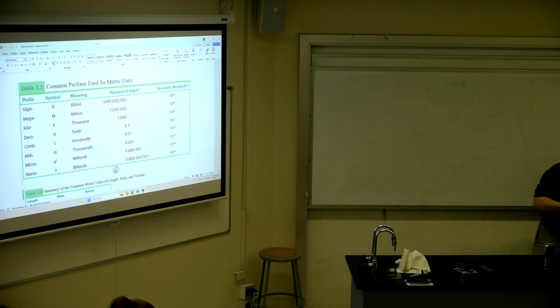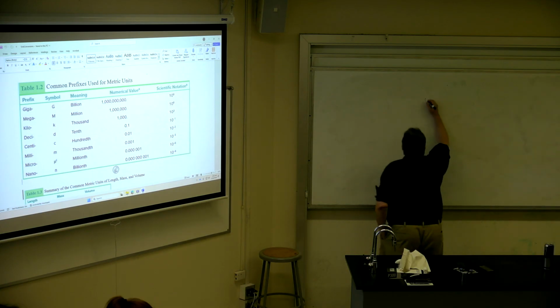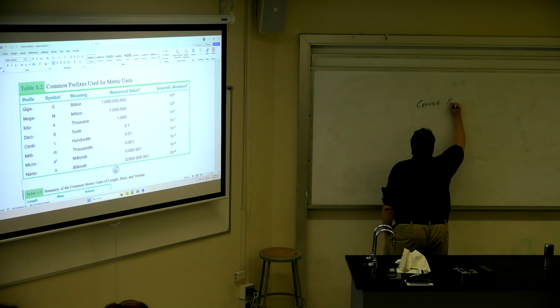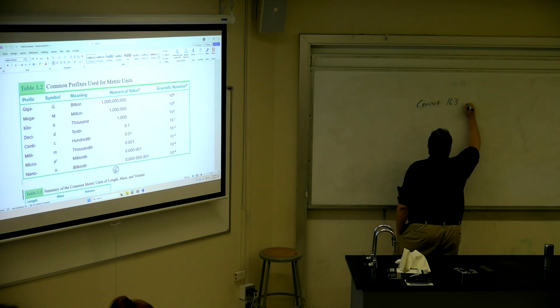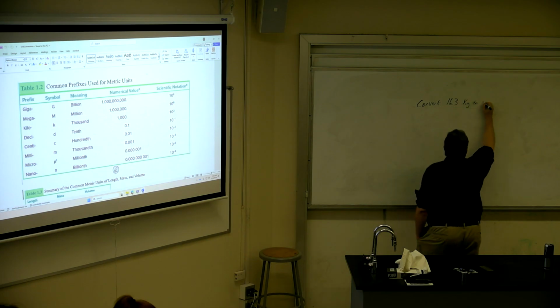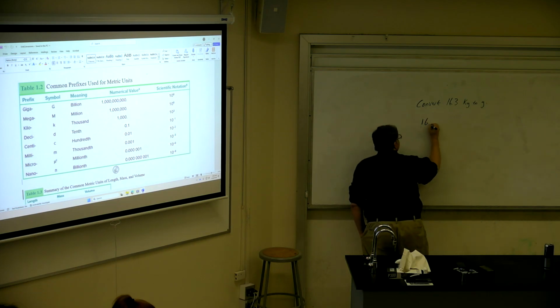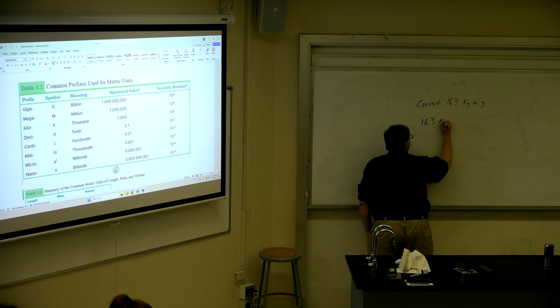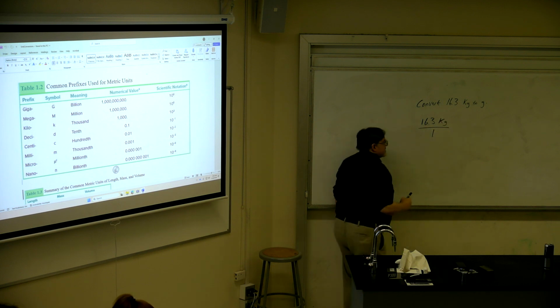For instance, let me just throw an example here. Let's do kilograms to grams. You would start by going to 16.3 kilograms. I always just put this over 1 to make it symmetrical.